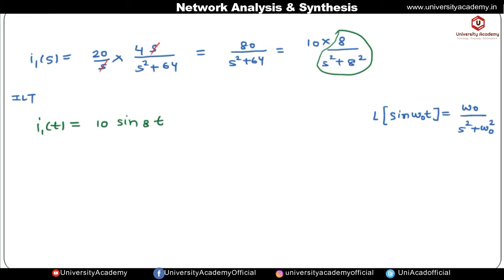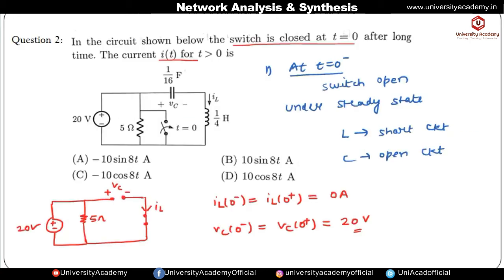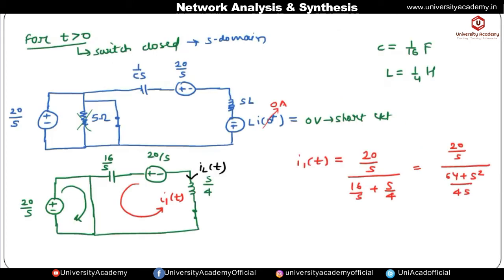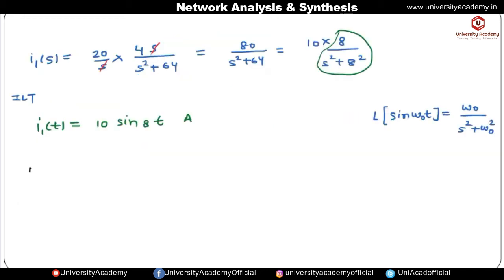So this is the value of I1 of t, this is in ampere, but in the question we have to find out the IL of t expression. The current IL of t is flowing in this direction, and the current which we have calculated, I1 of t, is in the opposite direction. So it means IL of t is equal to minus of I1 of t.